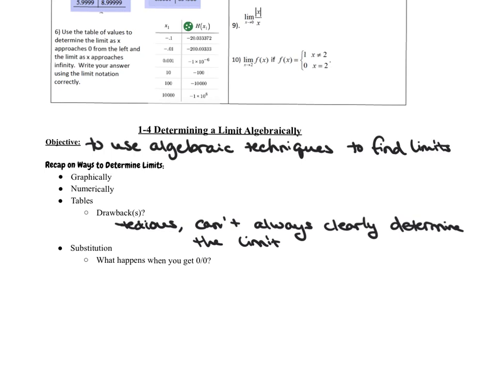We've also used substitution. The problem is that occasionally we're going to have situations where we get 0 over 0, and that is bad because we're dividing by 0. So the way around it is that we're going to use algebra.